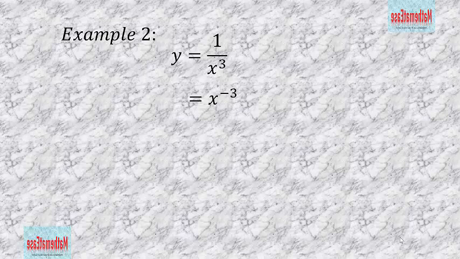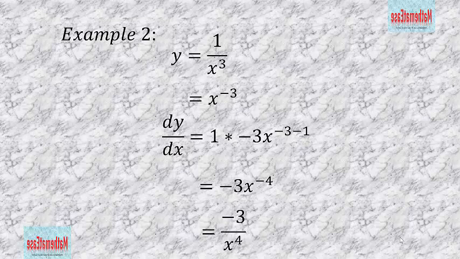You don't write 1x^(-3). No. Here the coefficient is 1 and the power is minus 3. So dy/dx will be 1 multiplied by minus 3, then minus 3 minus 1. That will give us -3x^(-4). You can leave your answer like this or write it as minus 3 over x^4.